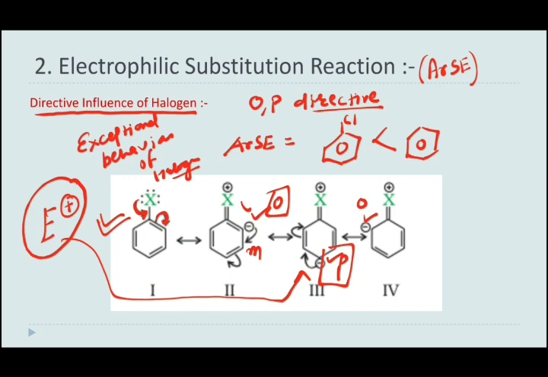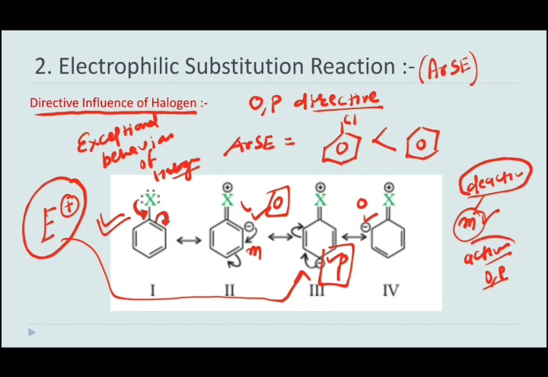Generally, all the deactivating groups are meta-directing and all the activating groups are ortho and para-directing. Deactivating groups, those that have an electron withdrawing effect, are meta-directive, and those that have an electron releasing effect are ortho and para-directive.